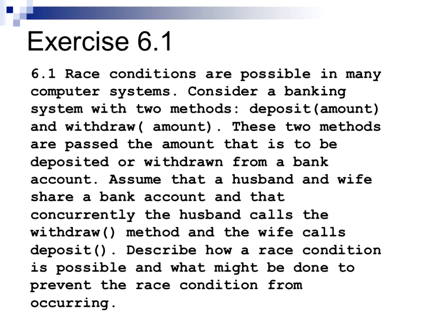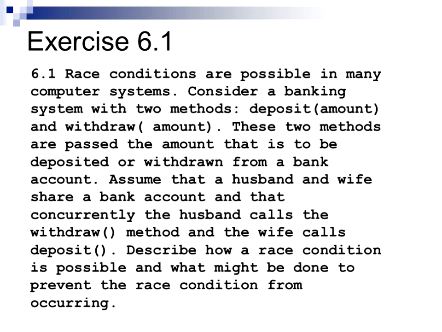Okay, so let's go on and talk a little bit about the solutions for last week's homework problem. The first problem was to identify a race condition. We had an example of a banking system that has a deposit and a withdrawal.